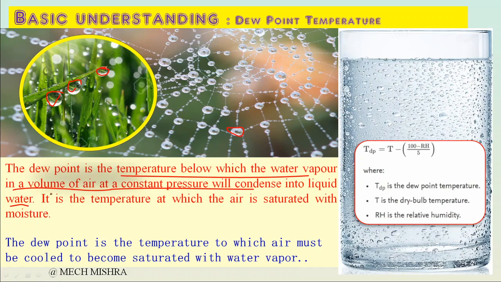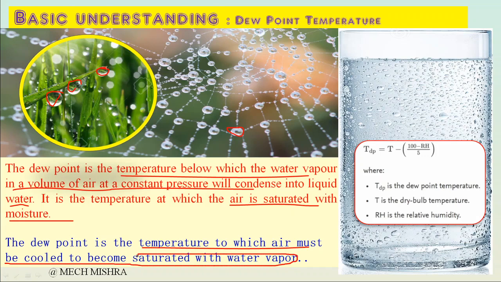The temperature at which air is saturated with moisture is the dew point temperature. At this temperature air will be full of moisture and it will get condensed on the surface. So dew point is the temperature to which air must be cooled to become saturated with water, and when it gets saturated with water it will get condensed on the surface.